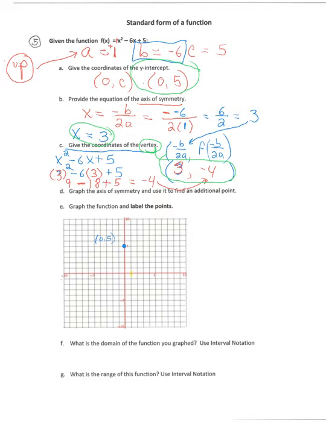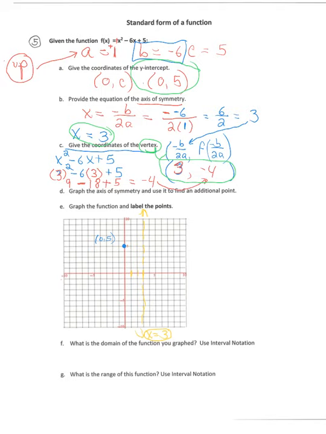Here's 1, 2, 3. So I'm going to make that axis of symmetry right down there. And I'm going to label it x equals 3. I don't know if it's going to ask you to label it on the test, but we always want to label if we can.